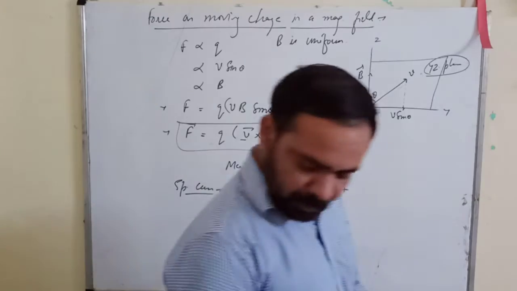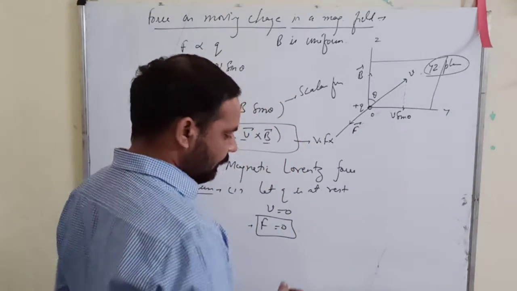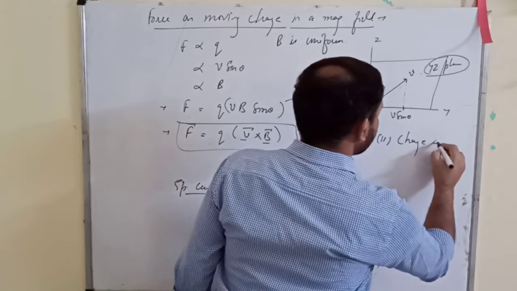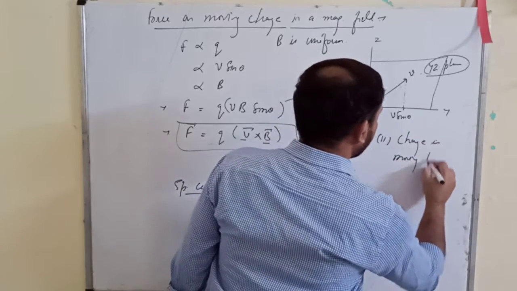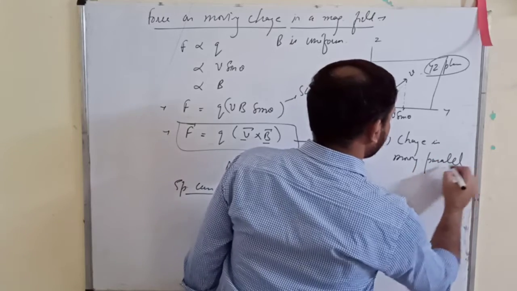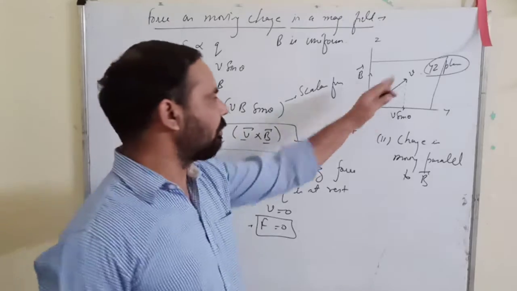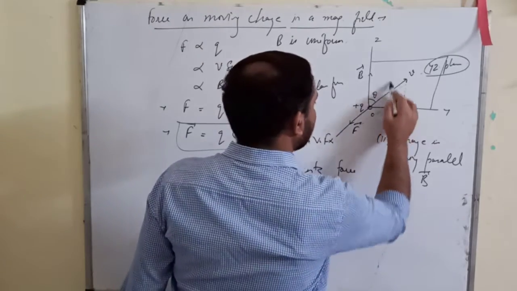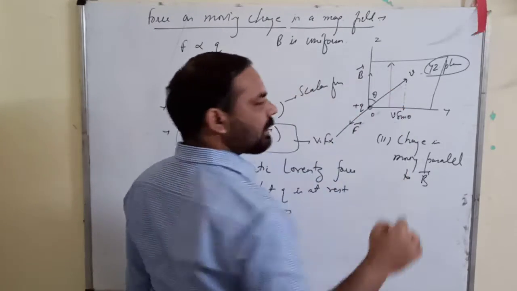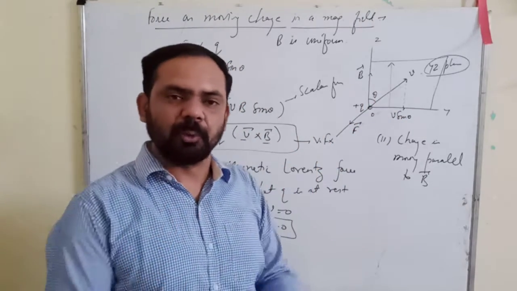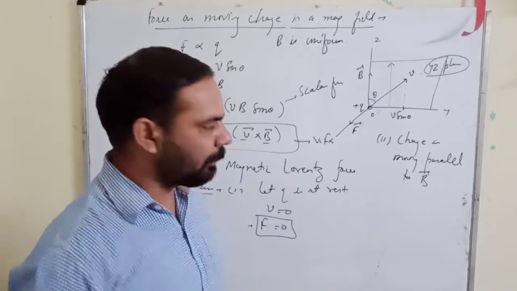One more special case you can take, second, the charge is moving parallel to the B vector. Suppose the charge is moving along the direction of the B vector.